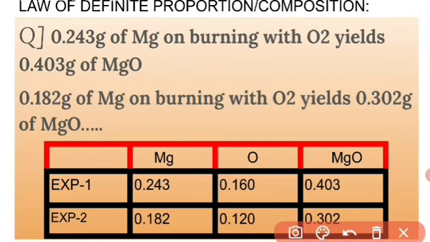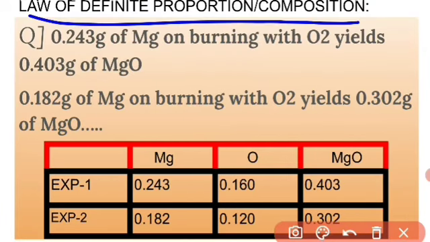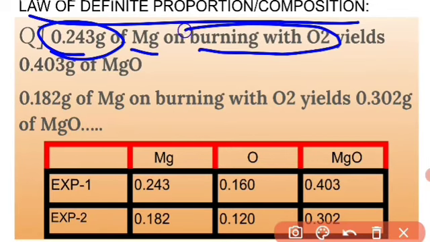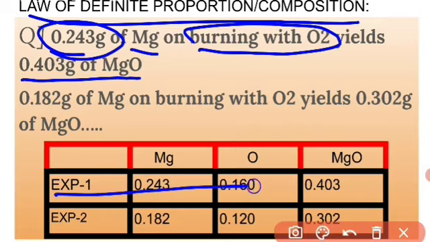Here, law of definite proportion or composition. One question is given to you: when 0.243 grams of magnesium on burning with oxygen, that is combustion, yields 0.403 grams of magnesium oxide. This was experiment 1.